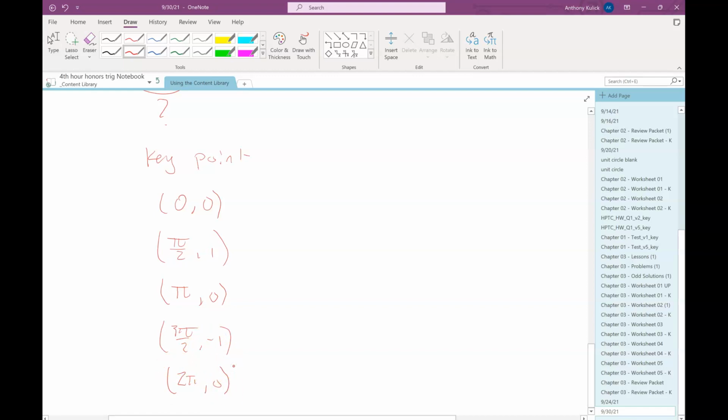Or you can pull all of these from the unit circle, right? These are just the quadrantal angles. So just the corners of your unit circle. Not that a circle has corners, but you get it. The maxes and mins on either the x or y direction. So this one is for sine. Sorry, I should have written that.